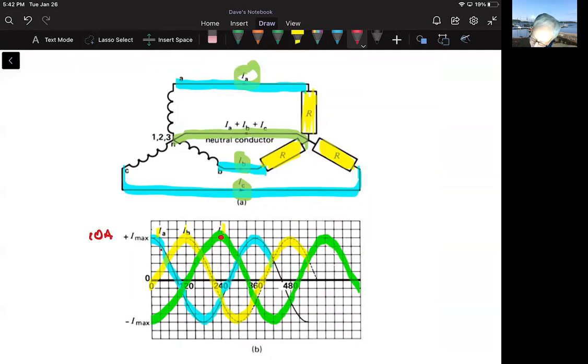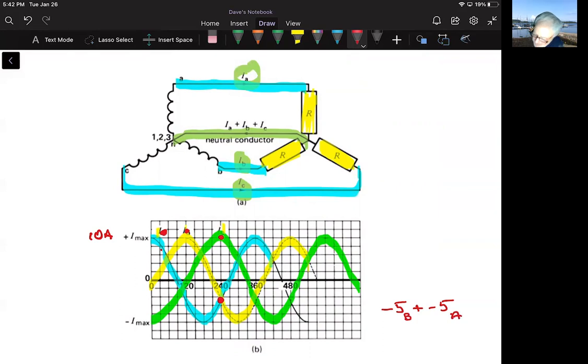And if I look right underneath that at that same point at 240 degrees, then what I'm going to see is that phase B is negative and phase A is negative. And it just so happens that if this were 10 amps positive in one direction, then phase B would be -5 in the opposite direction, and phase A would also be -5 in the opposite direction.